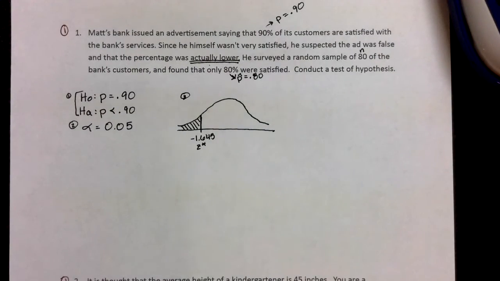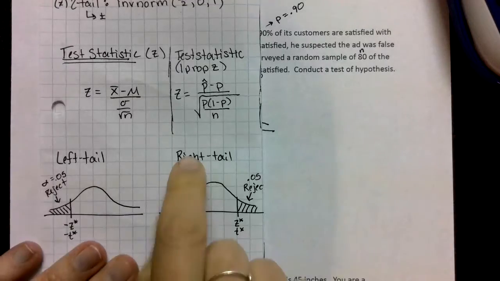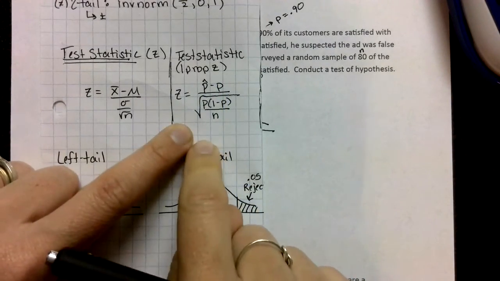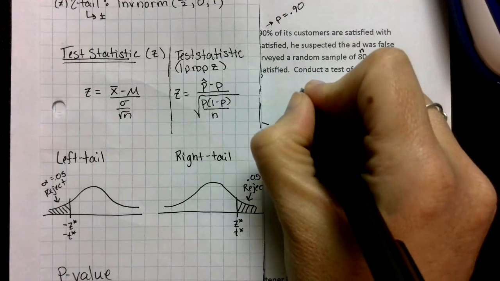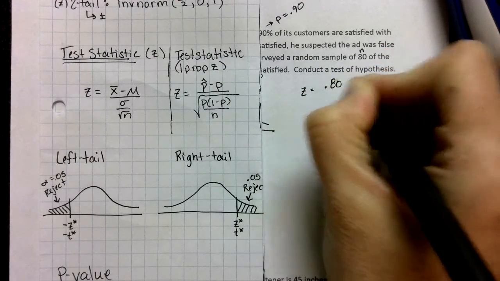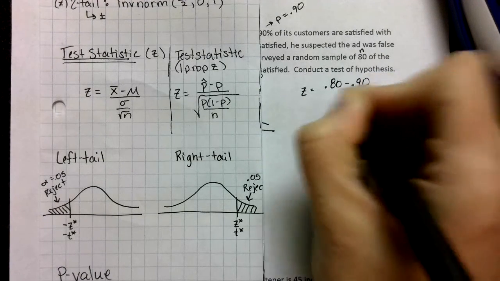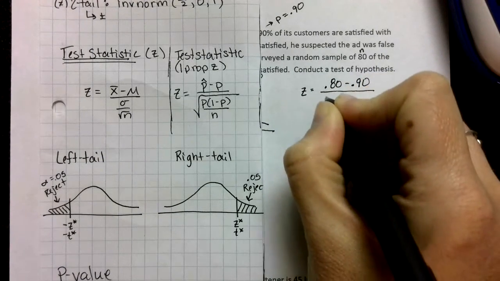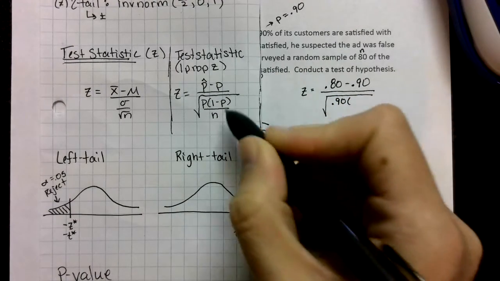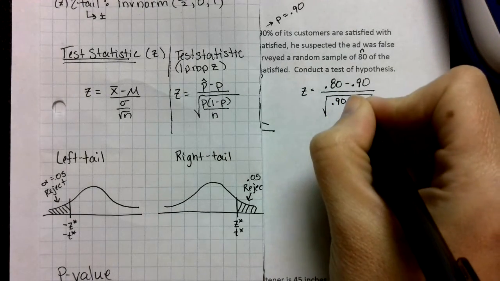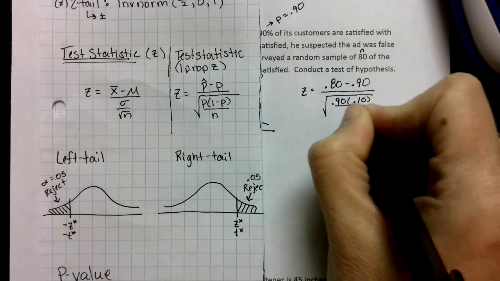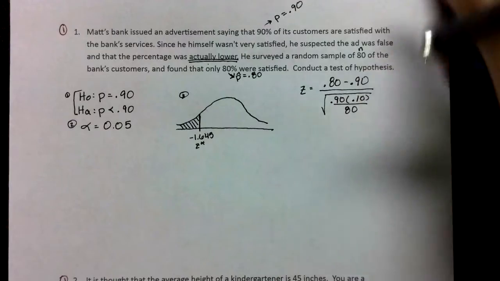Now for my test statistic, here's my regular z test, here's my one-prop z test. I'm going to follow this formula for my test statistic. I have my p hat, which is 0.80, minus p, which is 0.90, over the square root of 0.90 times, and I always go ahead and do this subtraction, 1 minus 0.90 is 0.10, divided by my sample size, which is 80.